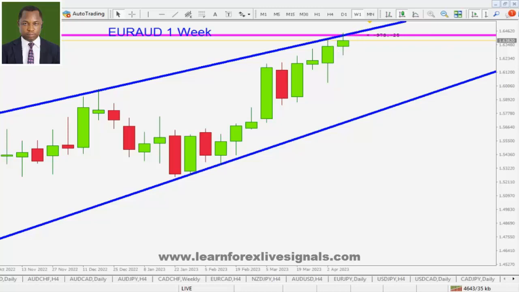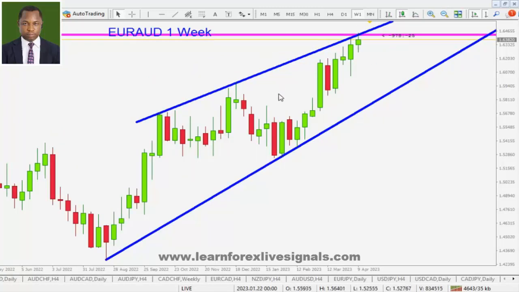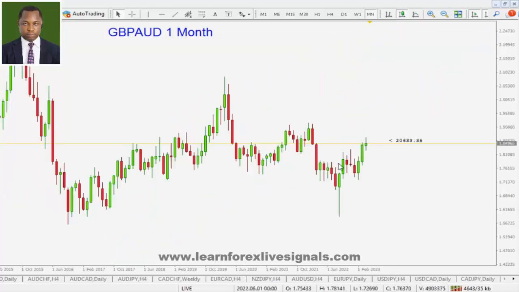So let's see what this week is going to do. Well, remember, this is just our perceived direction based on this technical analysis. Anything could happen. We are prepared for the worst, but then our ultimate direction for the week is to the downside. Similarly, the sterling pounds against the Australian dollar.